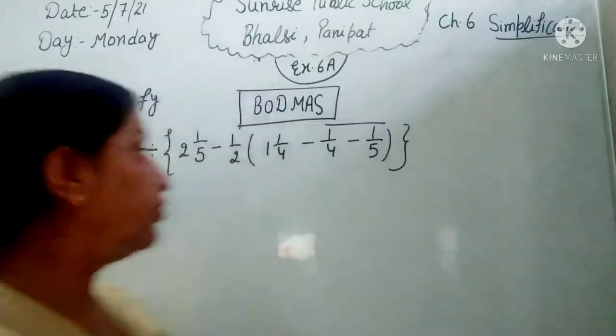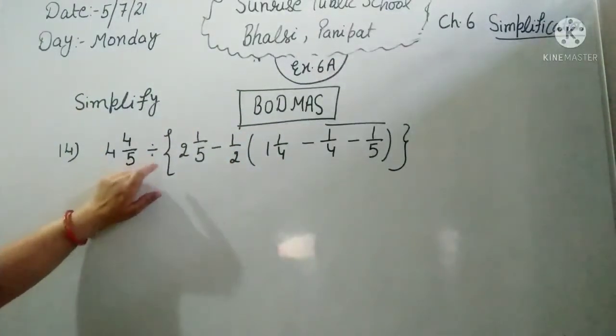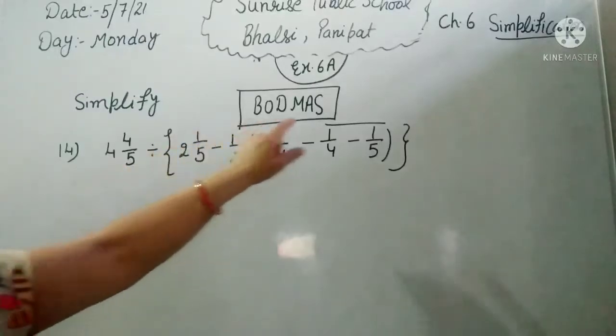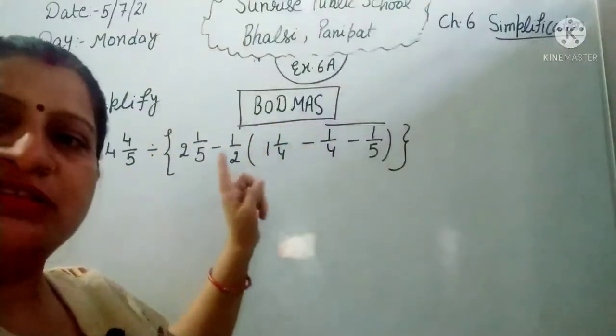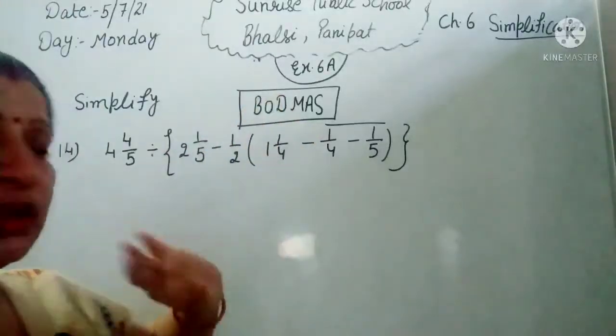Now we start our next question number 14, and here we have the curly bracket, the vinculum and the small bracket. So first of all we have to solve the bracket.